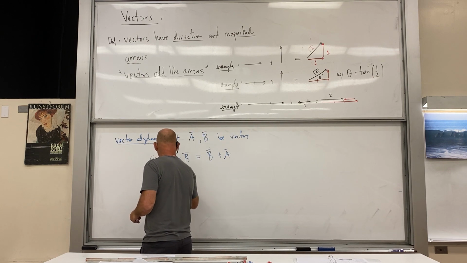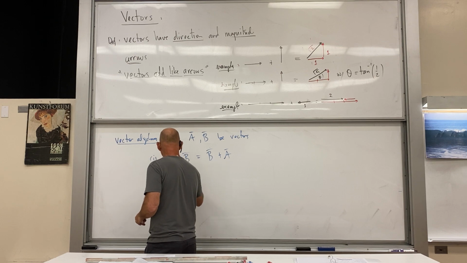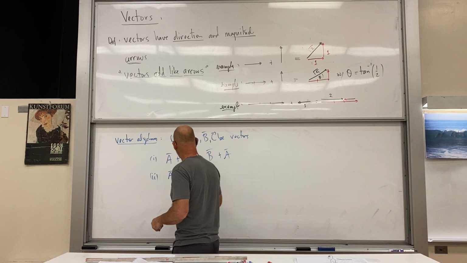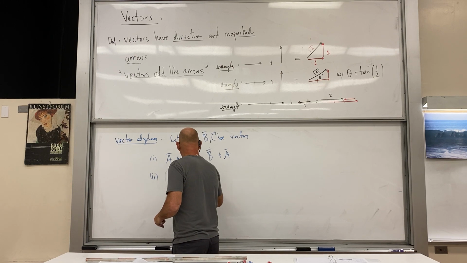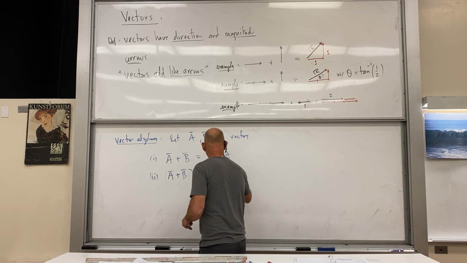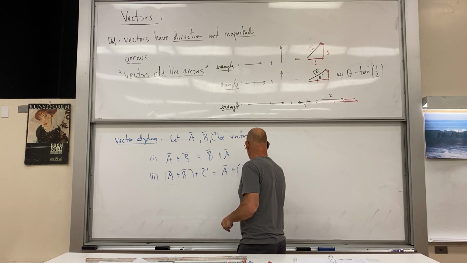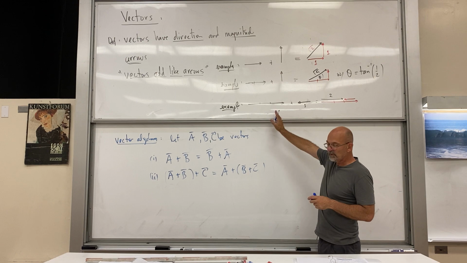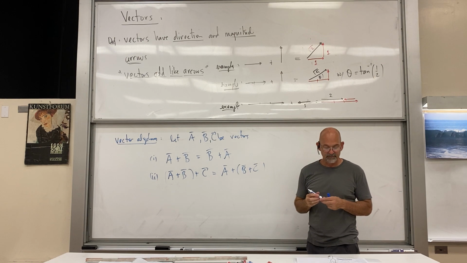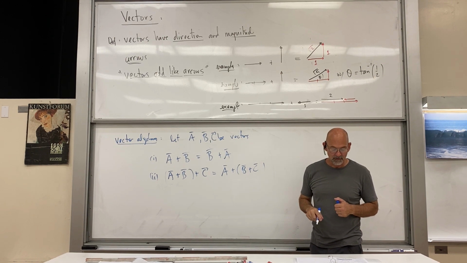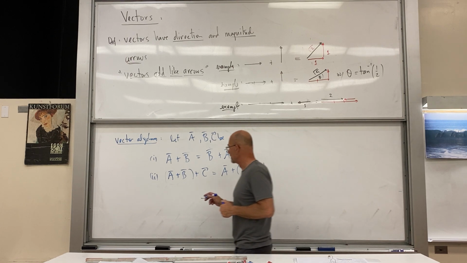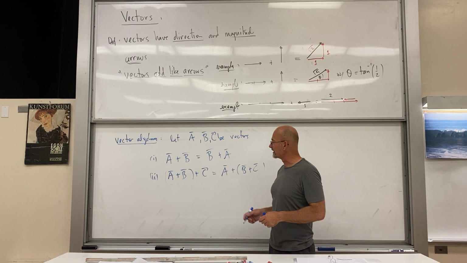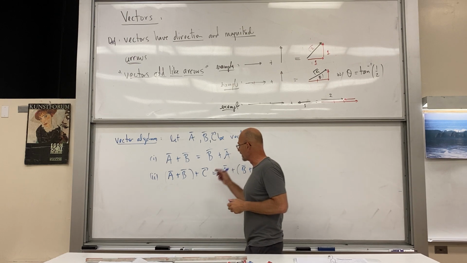And let's put a C into the mix here as well. A plus B plus C is equal to A plus B plus C. So these are properties that you can just develop right out of what these things are geometrically. And A plus negative A is equal to 0, so the 0 can also be thought of as a vector. We won't even write that one down.